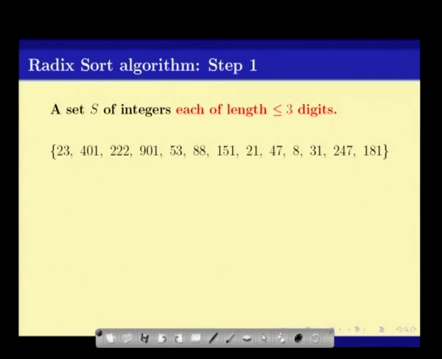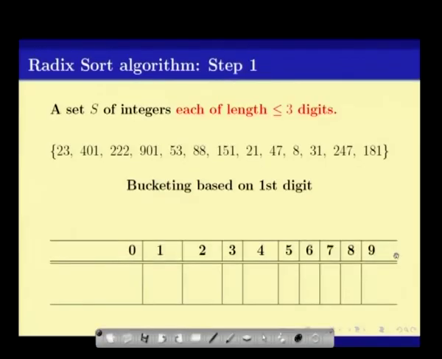Let us see an example. So, here is a set of numbers, all of which have less than 3 digits. The first thing we do is called bucketing of these numbers based on the first digit. This Radix sort is also sometimes called the bucket sort because of this particular bucketing technique. What are the first digits?